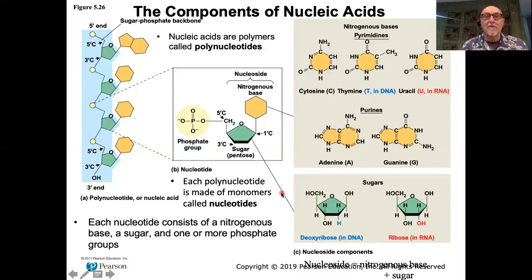Let's just remind ourselves also that DNA is a double helix. It consists of 2 of these backbones, and they are united across the middle because these bases are structured with lots of nitrogen, and they very, very easily make hydrogen bonds.